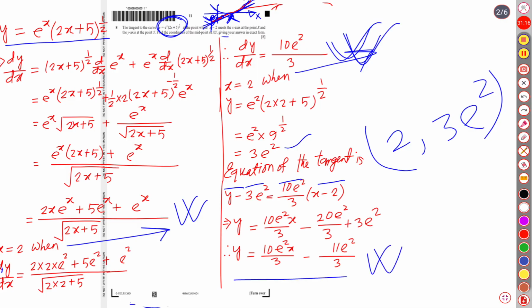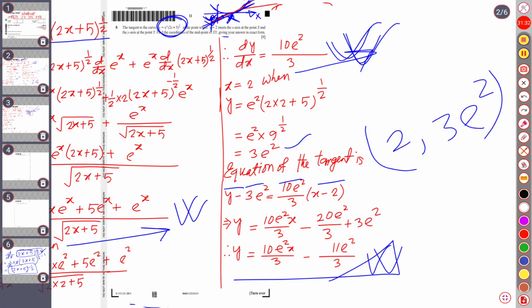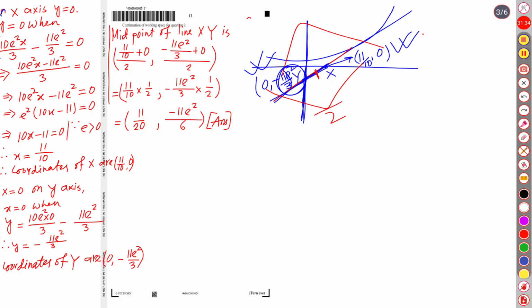So whenever we get the equation, it becomes very easy for us to find the midpoint or any other point. And they have told that the tangent intersects the x-axis and y-axis. That's why we have drawn another figure over here.